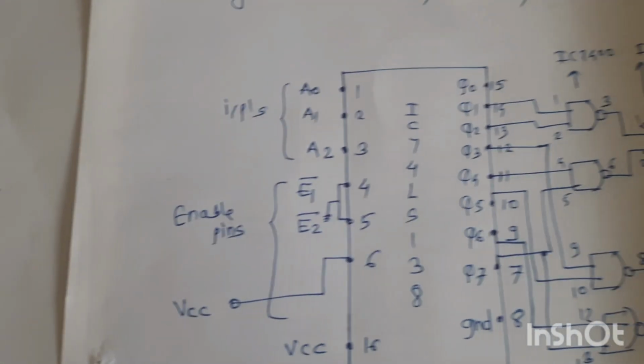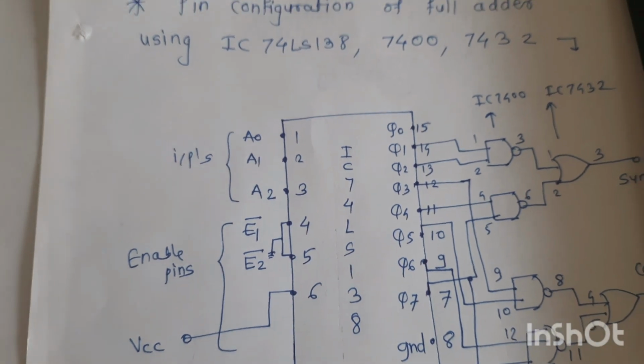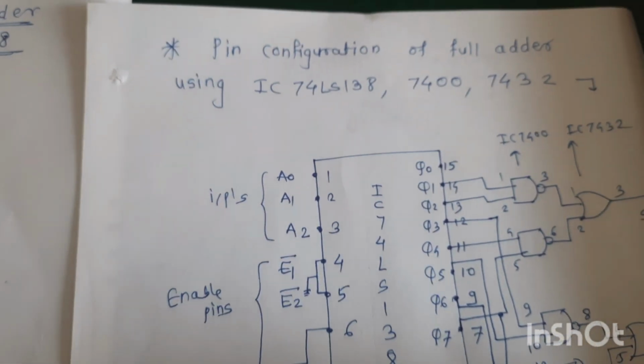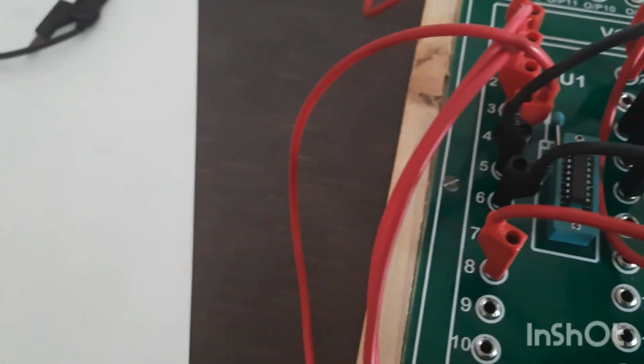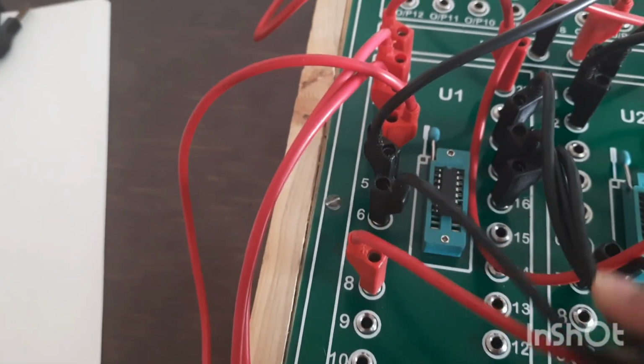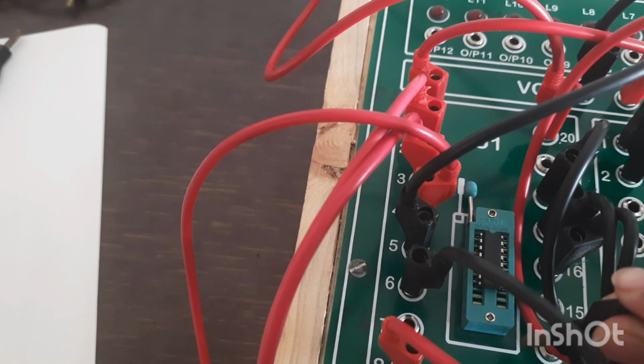Now pin 11 is connected to pin 4 of the NAND gate IC. So take pin 11. Here you can see 8, then 9, 10 and 11.